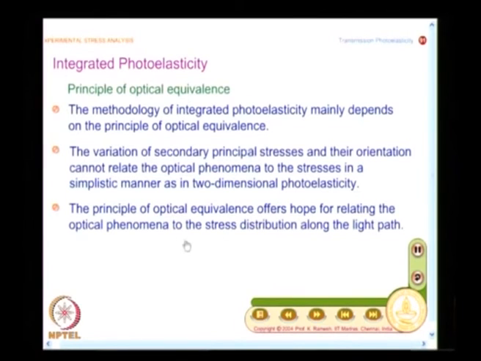So, here I need to determine the stress distribution along the light path. You are not looking at stress components on a particular plane, but stress components variation along the light path. So, essentially it is a tensorial tomography.